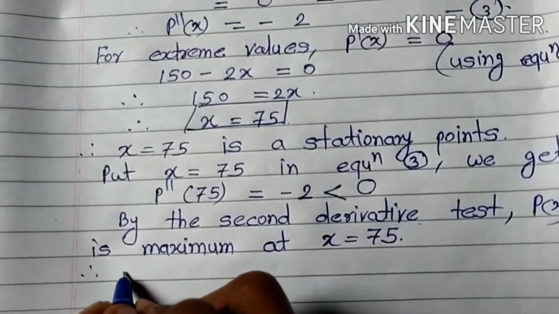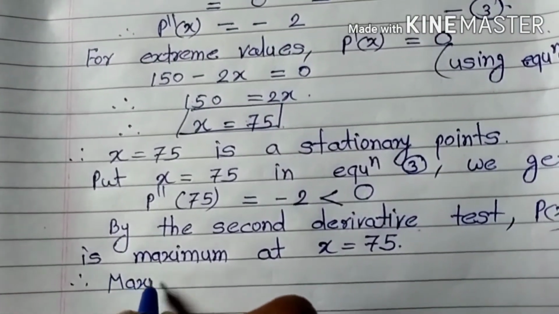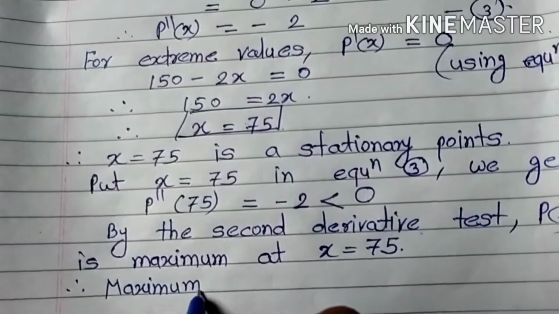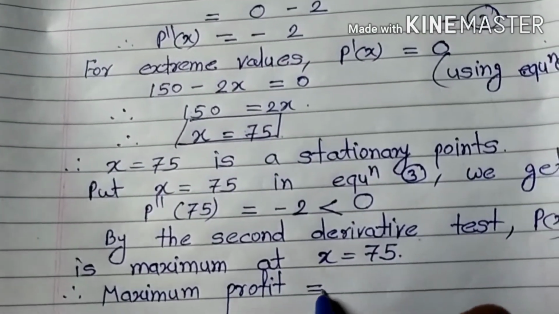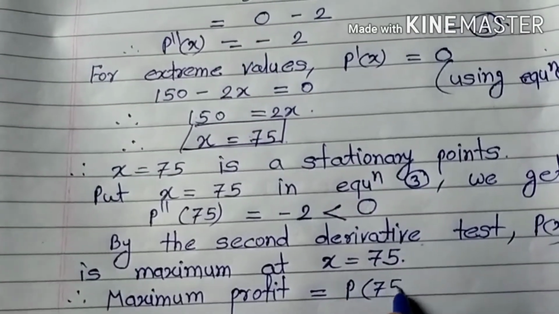Therefore, maximum profit is equal to p of 75.